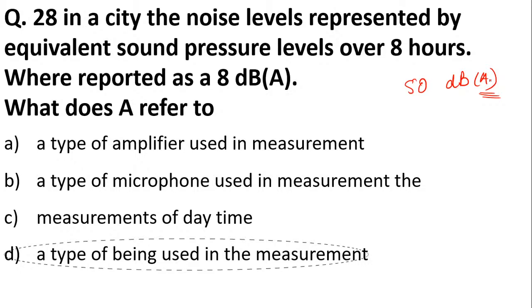A is a weighted decibel, okay? This is a type of weight used in the measurement. D is the right answer. It is not amplifier, students. The right answer is a type of weight used in measurement.